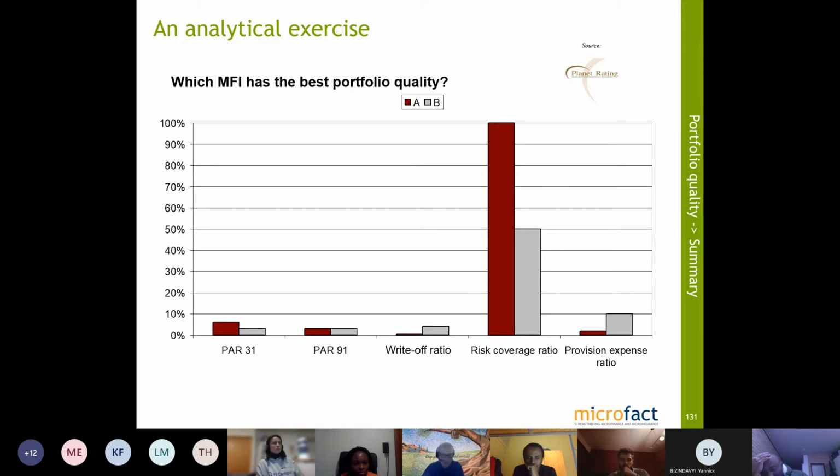So we will come back to the provision expense ratio as the next indicator. If you combine the portfolio at risk, the write-off, the risk coverage, and provision expense ratio, you have a very good idea about the situation of the portfolio quality. Okay?